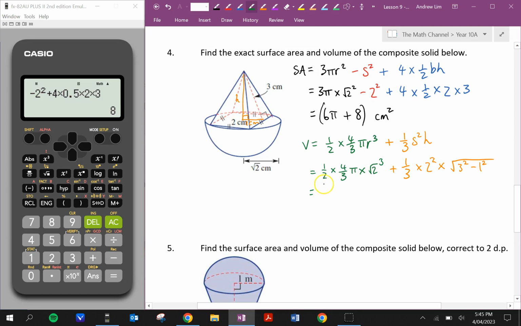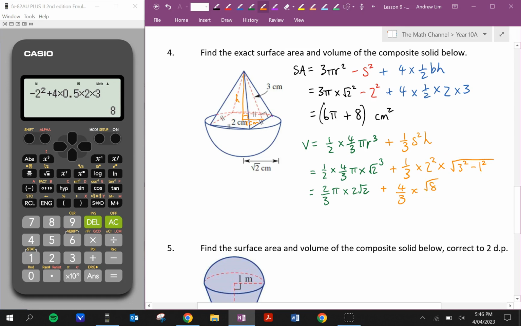So let's just do some working out. We know we've got 2/3 pi times 2 root 2 plus this bit here is 4/3 times, well, the square root of 9 minus 1, the square root of 8.